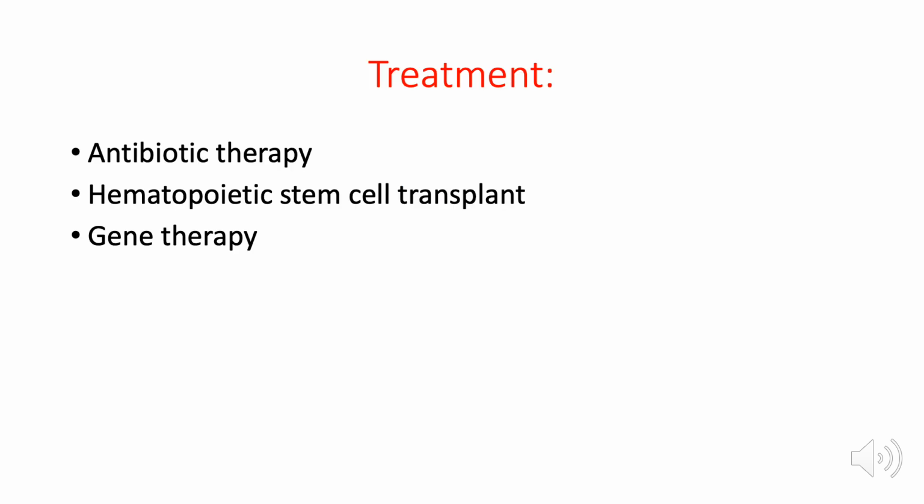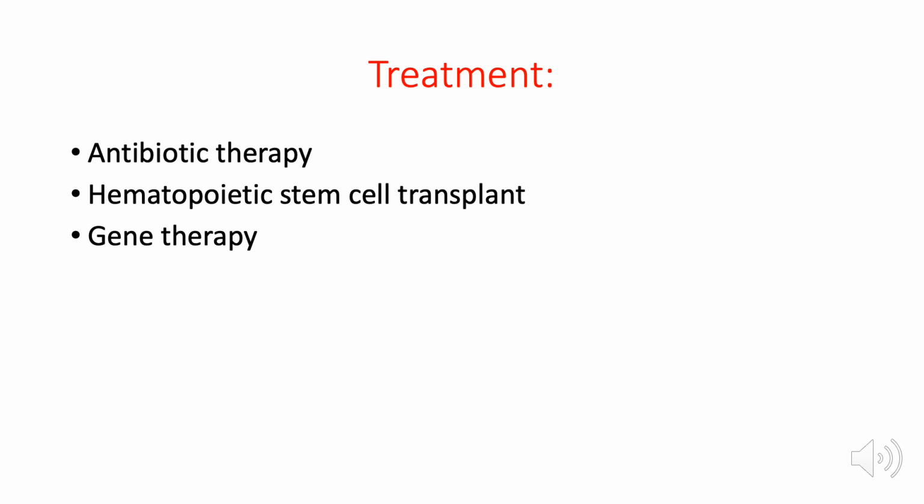Now, what are the possible treatment options for individuals with SCID? You have aggressive antibiotic therapy. Aggressive because you will be dealing with a lot of organisms because you have impaired T and B cell functions. And then you can also go for hematopoietic stem cell transplant.